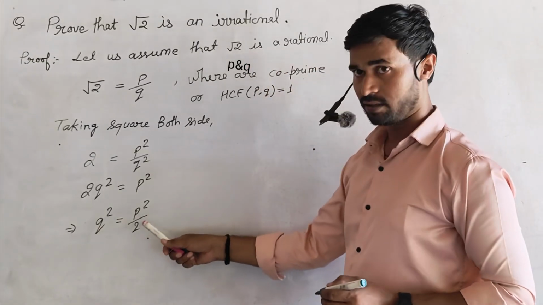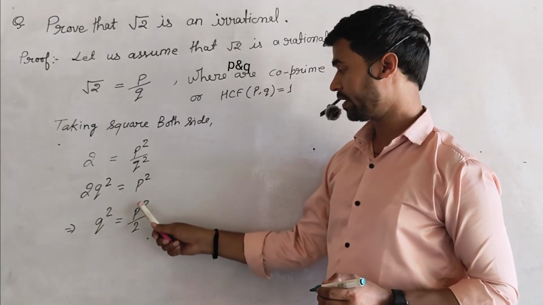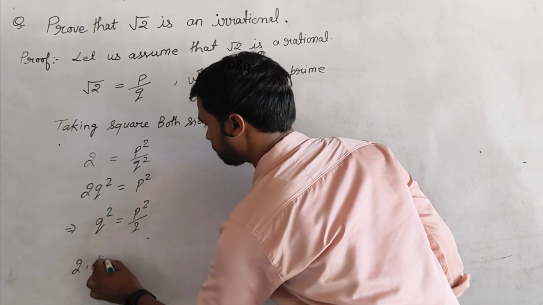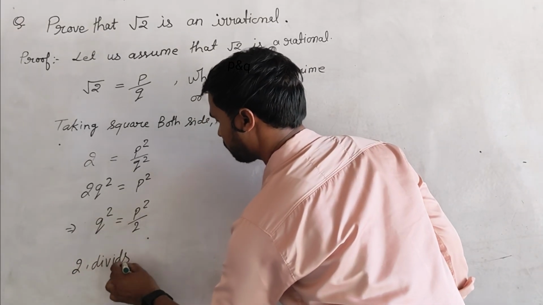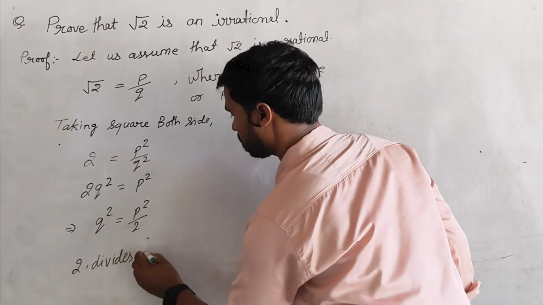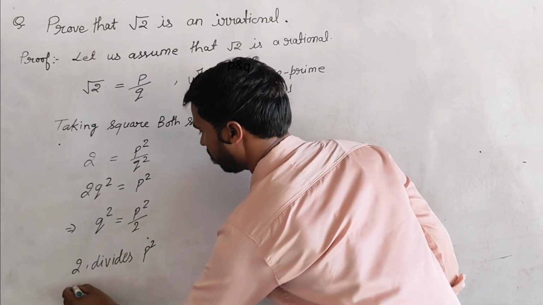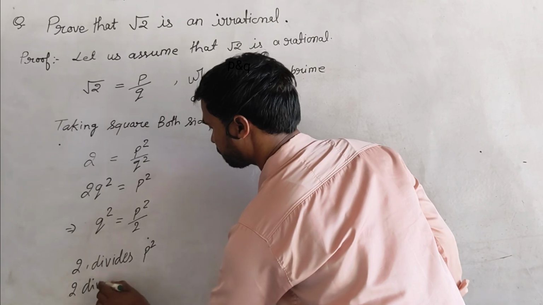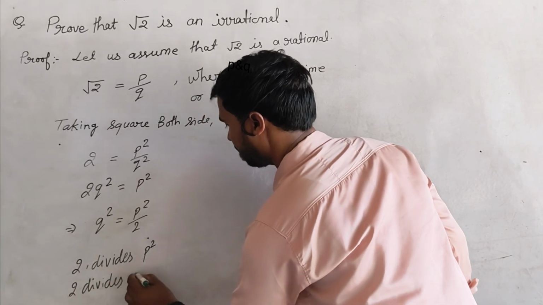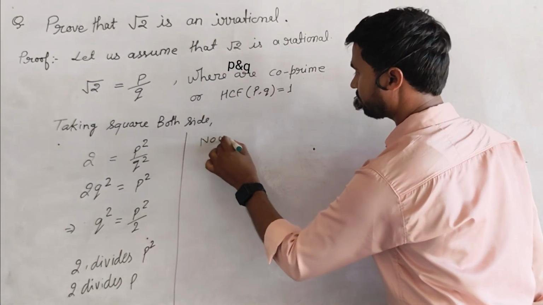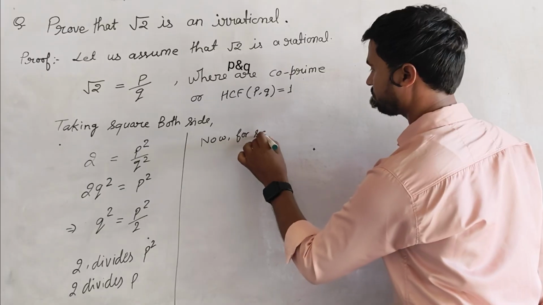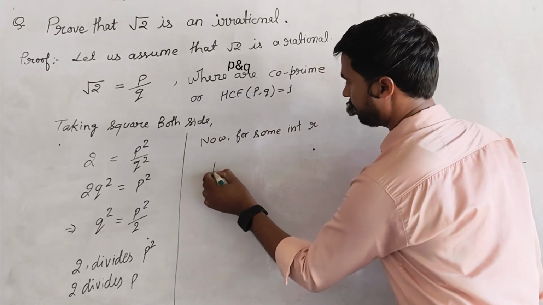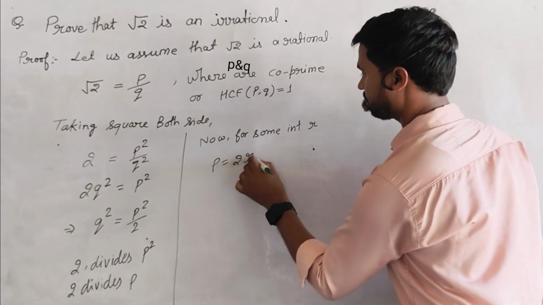Here we can see that 2 divides p square, so 2 also divides p. Now for some integer r, p is equal to 2r.